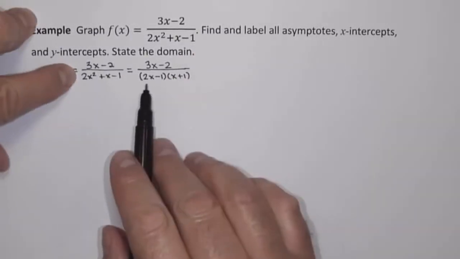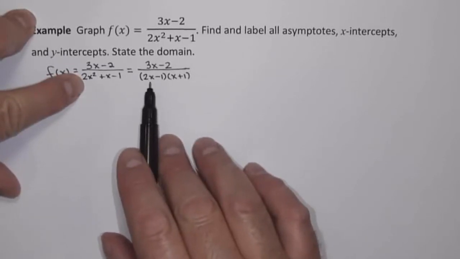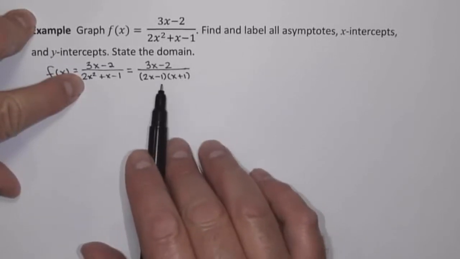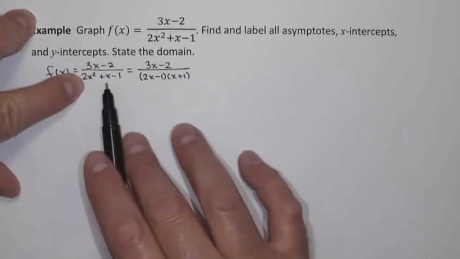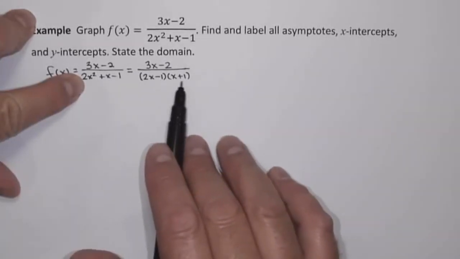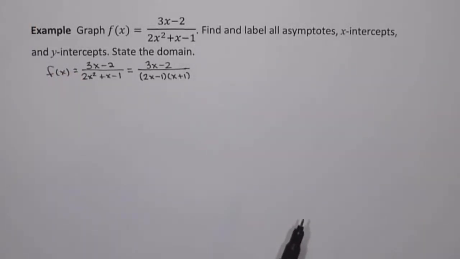And just to verify that, 2x times x will be 2x squared. The outers, 2x times 1 would be 2x. The inners, minus 1 times x is minus x, and 2x minus x is going to give us x. Minus 1 times 1 is minus 1. So the denominator factors into 2x minus 1 times x plus 1.